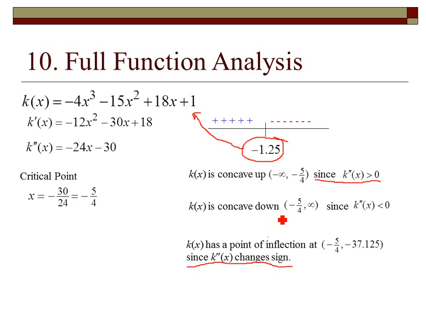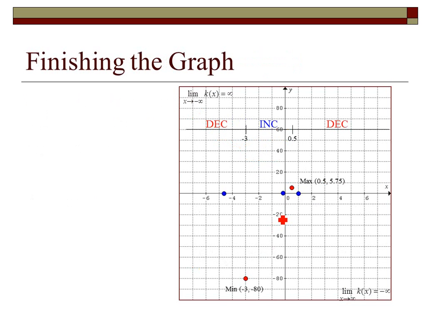Okay, so now we just got to finish our graph. My inflection point was at negative 1.25, negative 37.125. So I'll plug that in. Then here's my critical point. I was concave up from negative infinity to negative 1.25.